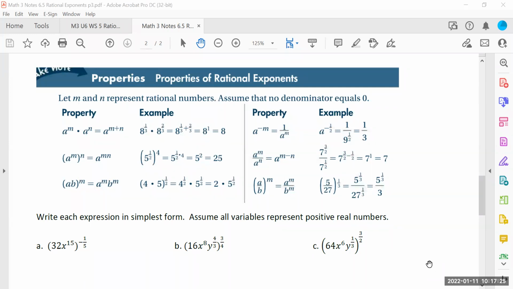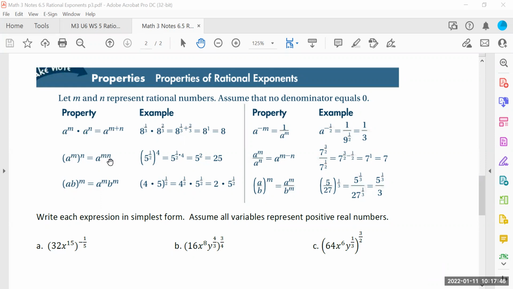But a quick summary: if I raise a variable or a number to a power, and the bases match, I can add the exponents. That's what the a is here. This is why x to the 3rd times x squared makes x to the 5th. 3 x's, 2 x's makes 5 x's.